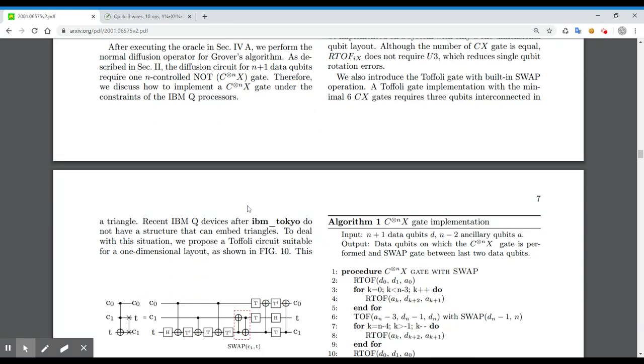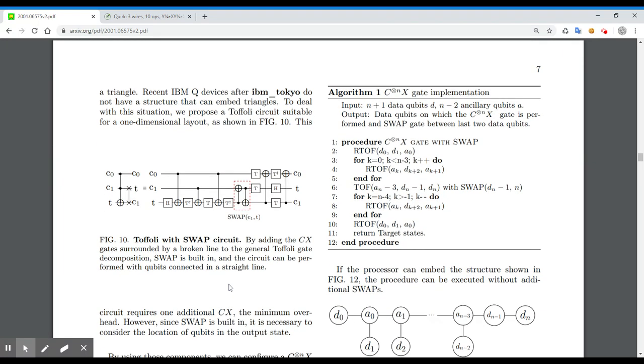Recent IBM Q devices, after IBM Tokyo, do not have a structure that can embed triangles. To deal with this situation, we propose a Toffoli circuit suitable for a one-dimensional layout, as shown in Figure 10.